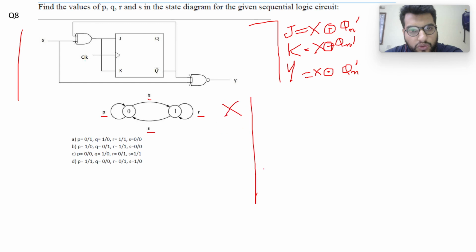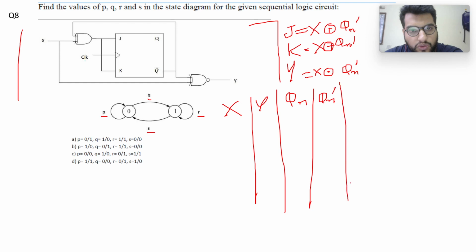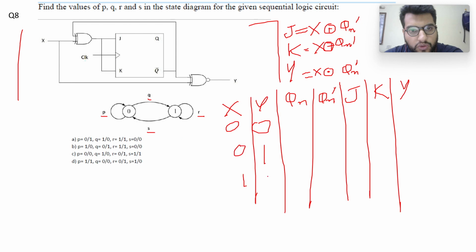So here I have X, here I have Y, then I have Qn, then I have Qn complement, then I have J, then I have K, and then I have Y. So 0 0 1 1, 0 1 0 1.